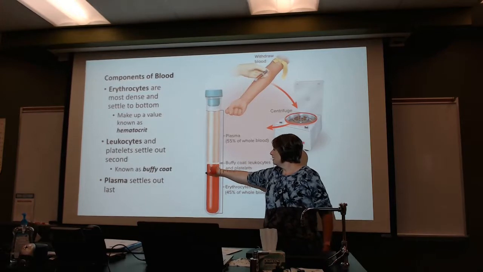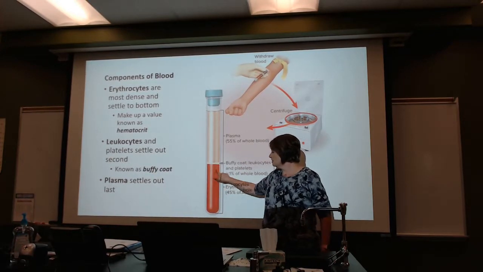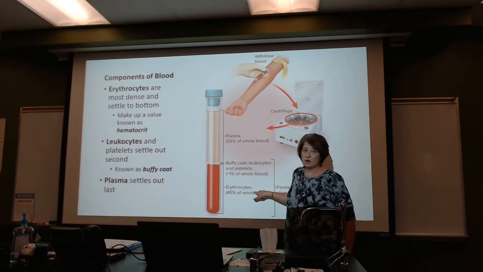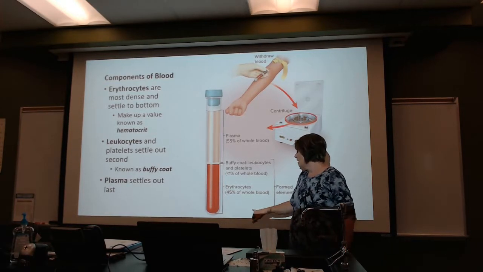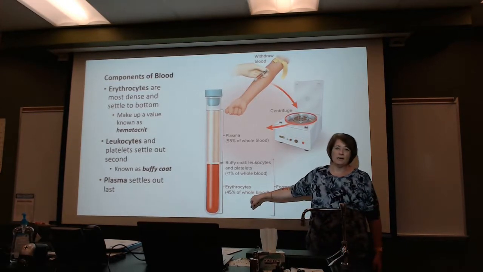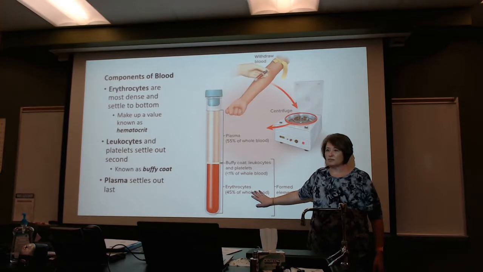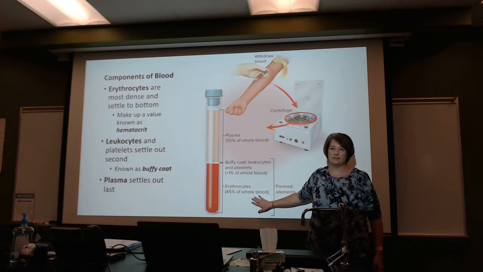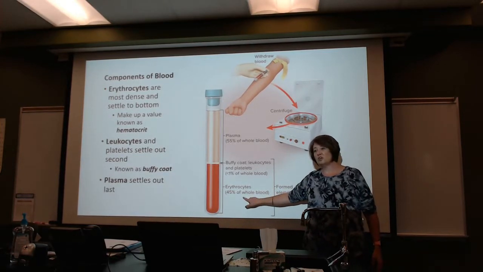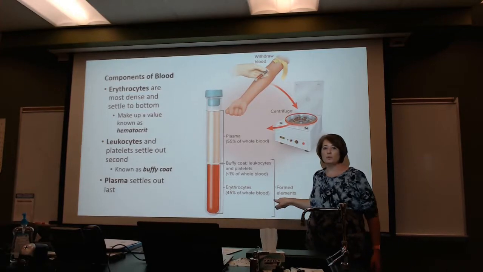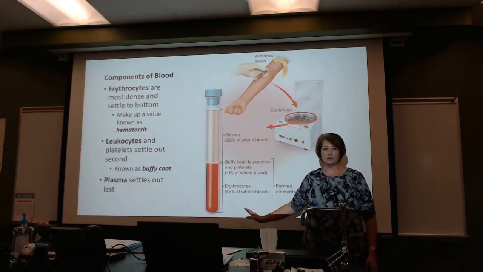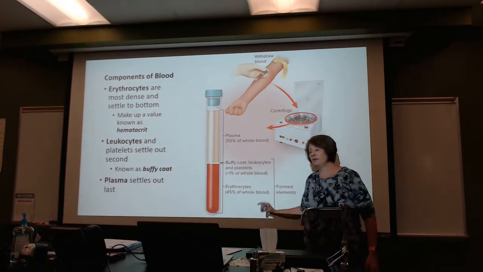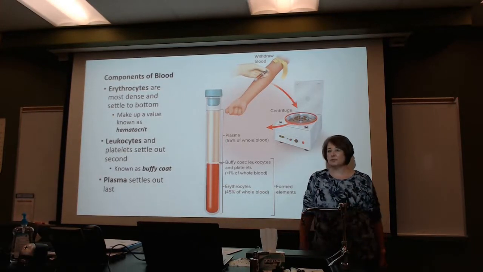Those red blood cells, my erythrocytes, my RBCs, should make up about 45% of what's termed whole blood, all of it together.